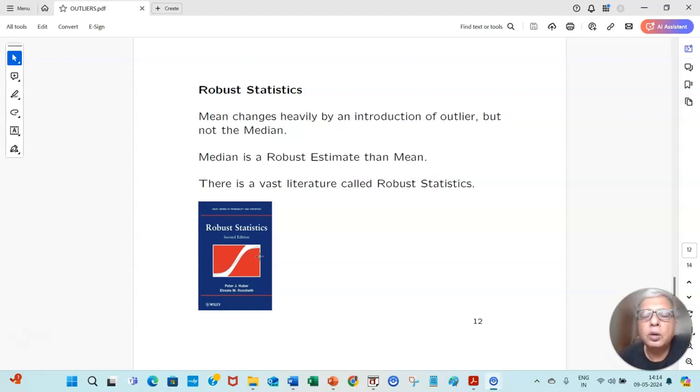To talk in short, say the mean: if you take the sum of all the values and divide by the number of values, that's the average, that's the mean, and it's highly influenced by outliers. If an outlier is present, the mean differs heavily, but not the median. The median is based on the ranking, and however big the outlier is, the median remains the same. So there is a vast literature, robust statistics, which talks about dealing with outliers.